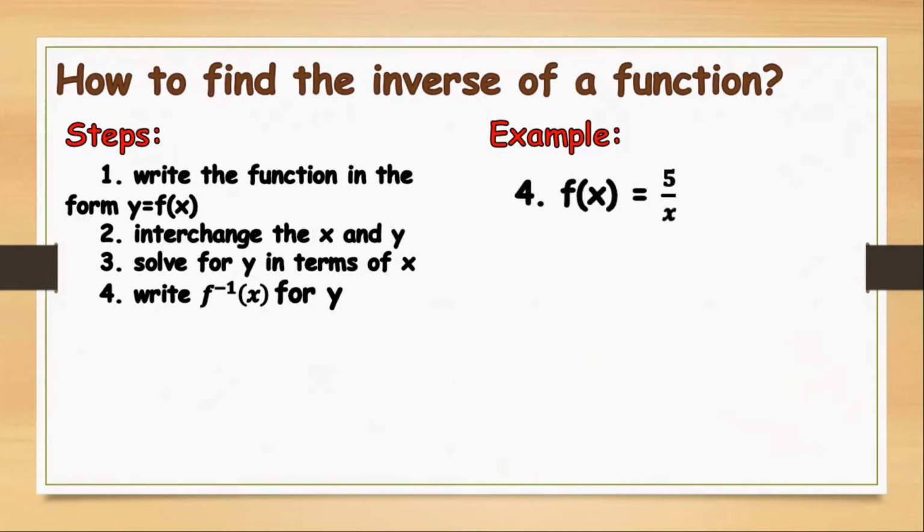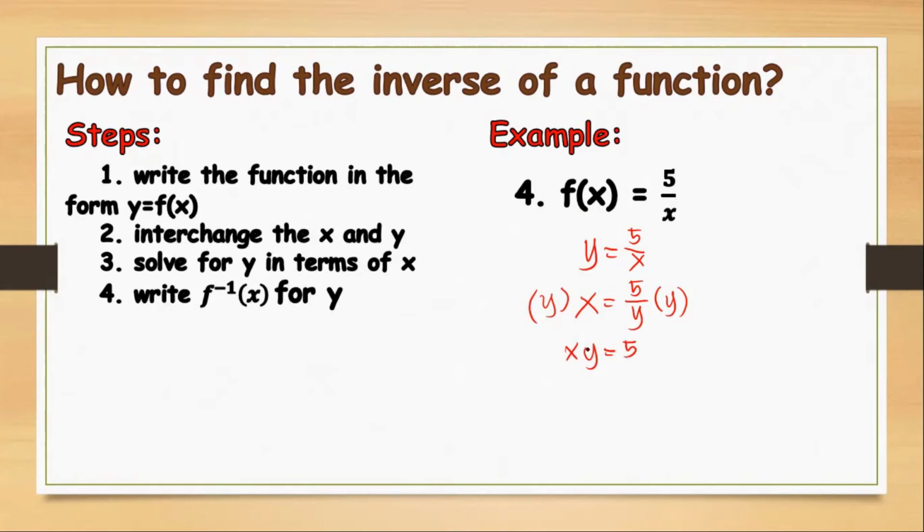f of x equals 5 over x. So step 1, write that y equals 5 over x. Next is interchange. x equals 5 over y. Then multiply both sides with y to cancel y in our denominator. So we have xy equals 5.